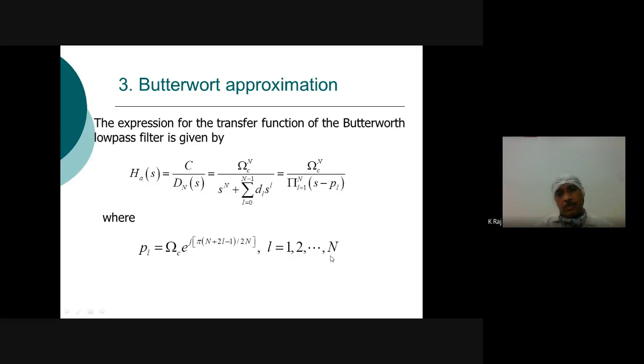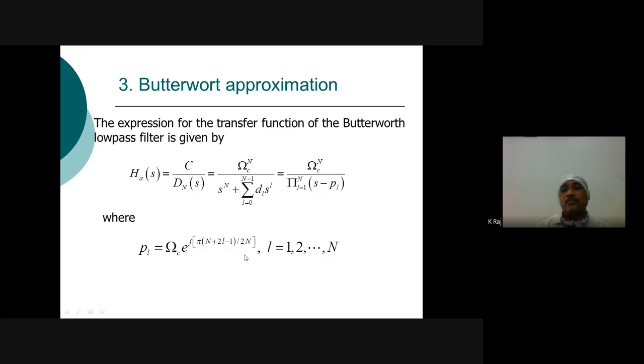So first of all, we have to calculate the order n, and after the calculation of the order n, we have to calculate omega_c. And once we have calculated n and omega_c, we have to compute the roots, that is p_l, with the help of this formula, omega_c e to the power j pi (n plus 2l minus 1) upon 2n.